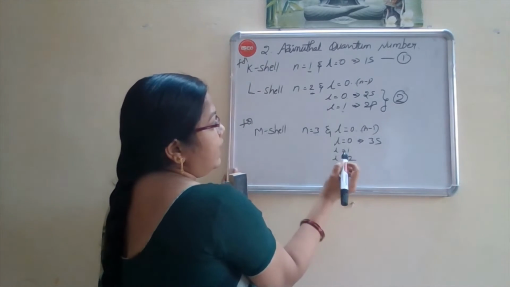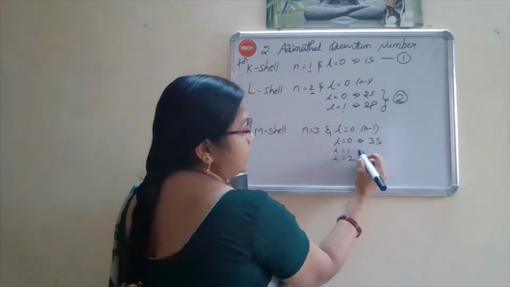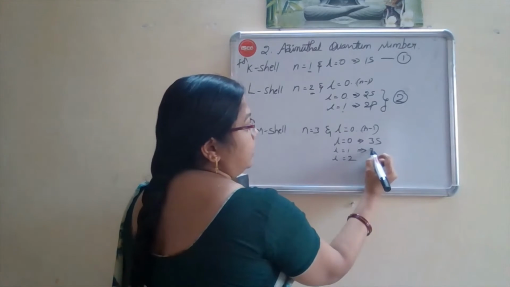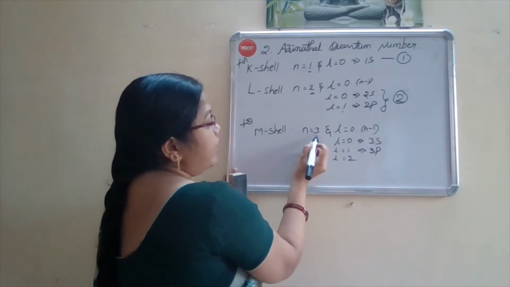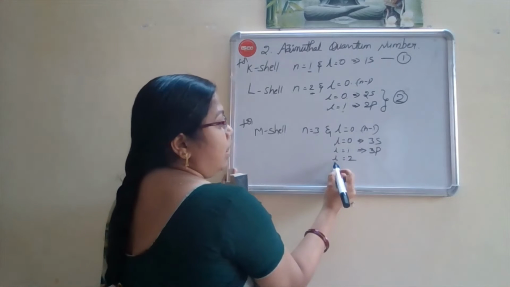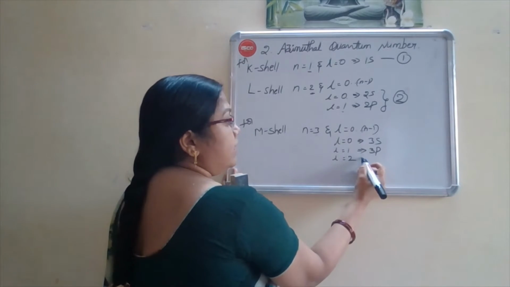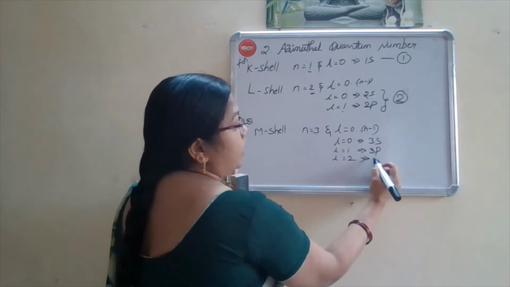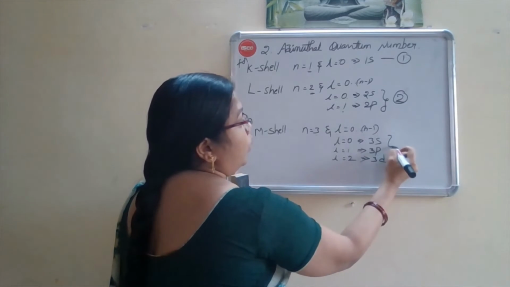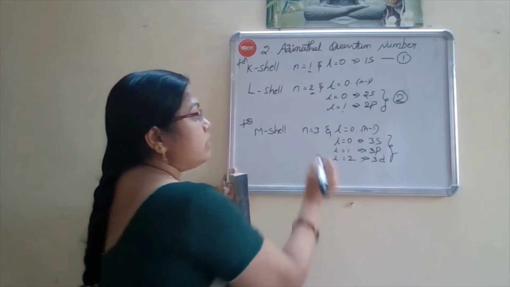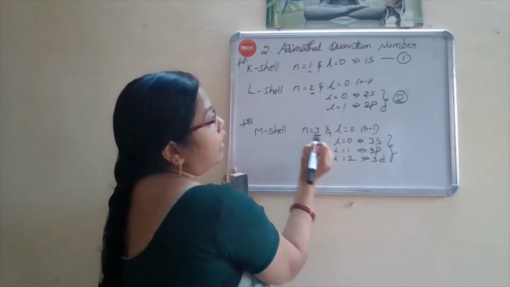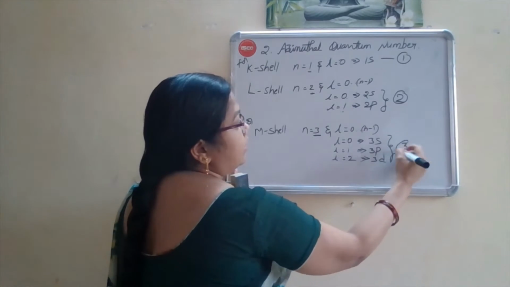If l equals 1, the resulting subshell is 3p. If l equals 2, the resulting subshell is 3d. The total number of subshells equals the principal quantum number, so the total is 3.